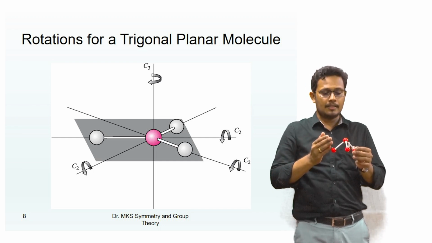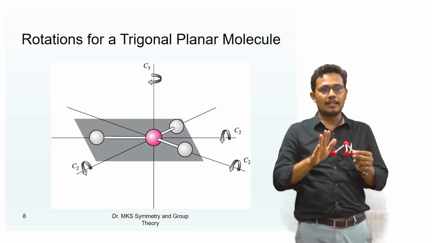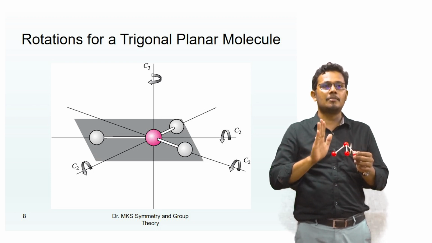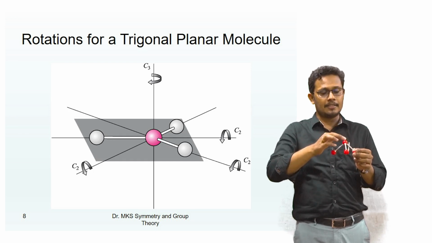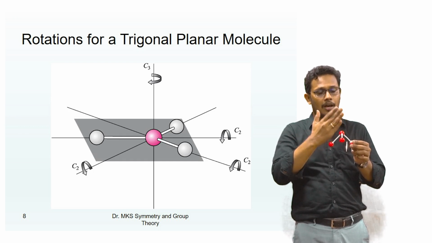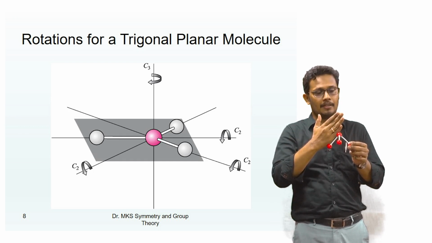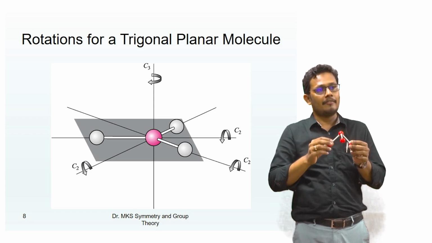What is the definition of sigma V? A vertical plane is a plane which contains the principal axis. Along with this principal axis, you can cut this molecule into two equal halves, or if you place a mirror here, this hydrogen reflects and it confirms that it has symmetry.